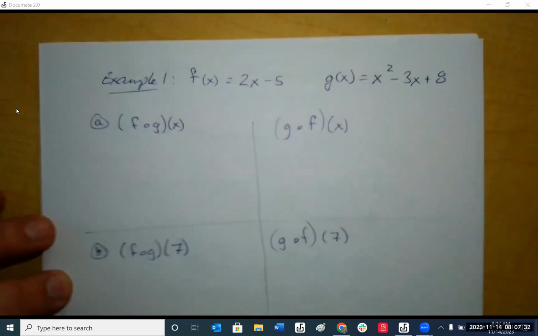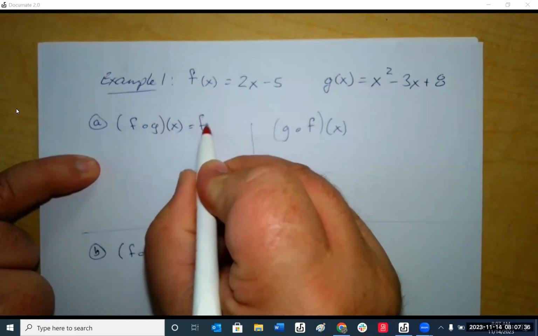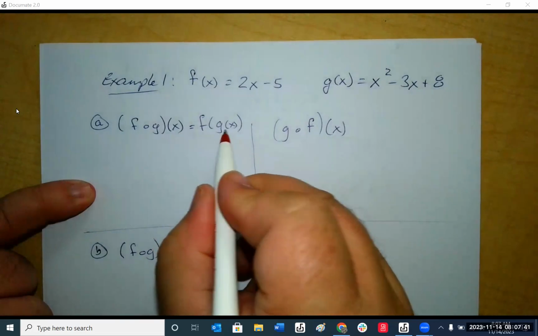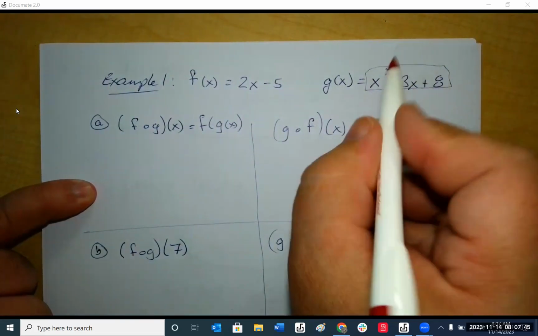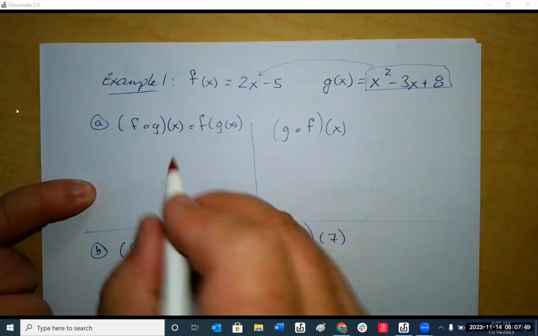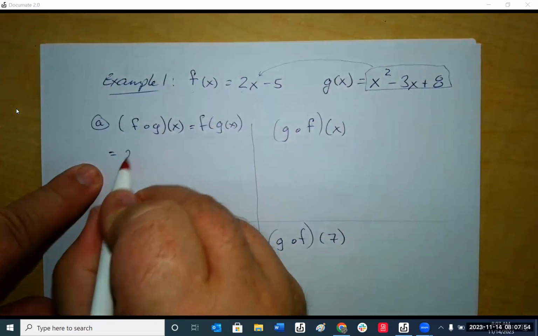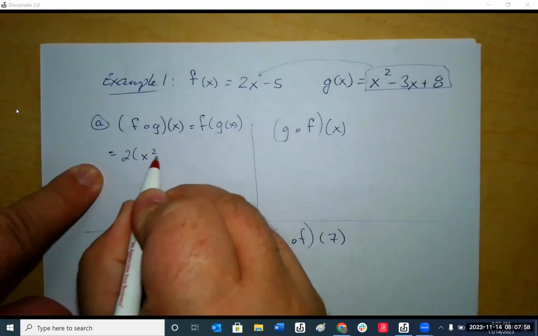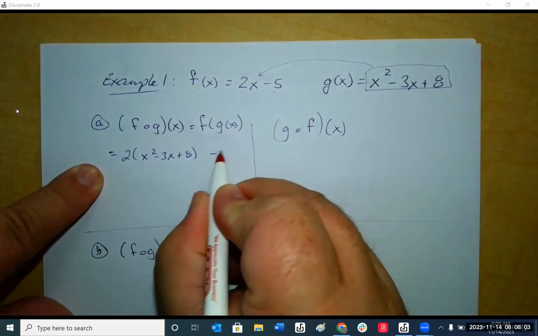All right, so let's begin. What this first one tells us is take our g, and anywhere we see an x in our f function, substitute it. So it's 2 times all of this, x squared minus 3x plus 8, minus 5.